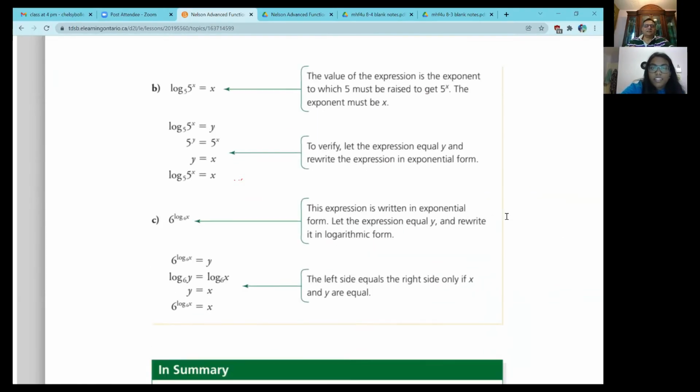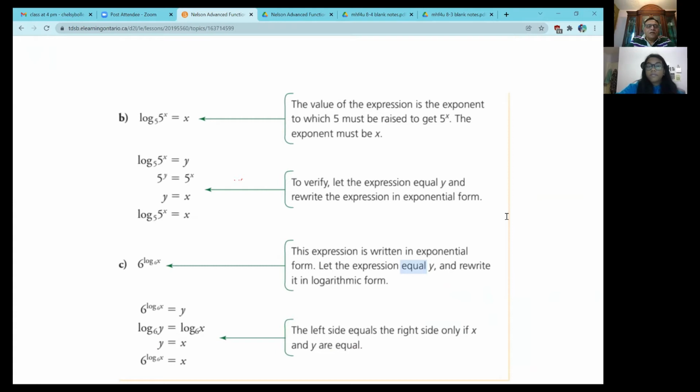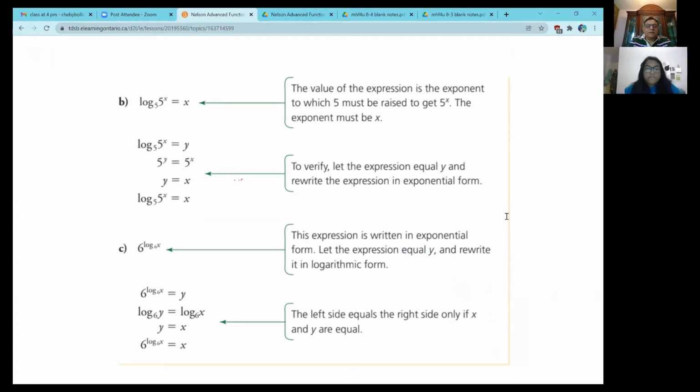See now. 6 to the power of log to the base 6 of x, let it be equal to y, as we had been doing, right? Now you can take the log to the base 6 of both sides, so log 6 of x is equal to log 6 of y, correct? But then what happened to the y?